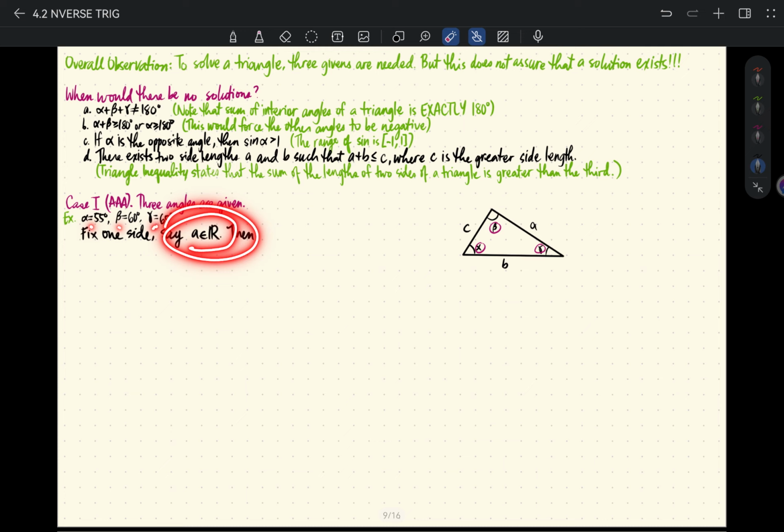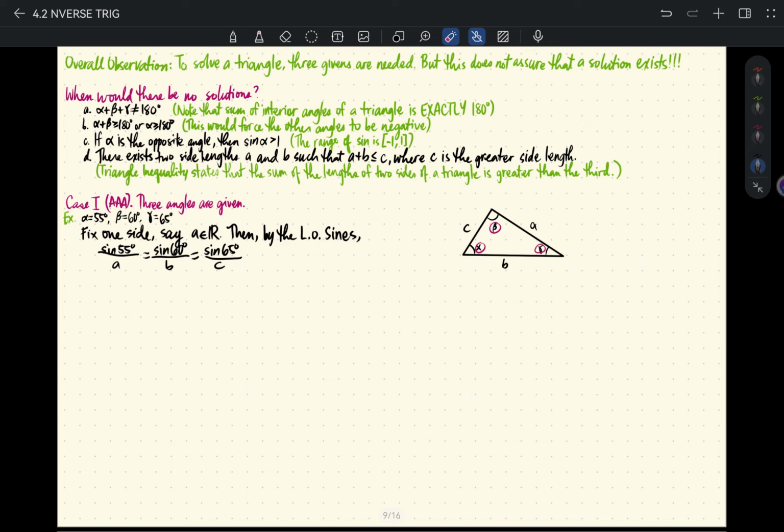So you can use the law of sines. By the law of sines, we have this equation right here: sine alpha, so that's sine 55 degrees over A, equals sine of 60 degrees over B, equals sine of gamma, that's 65 degrees, over C.